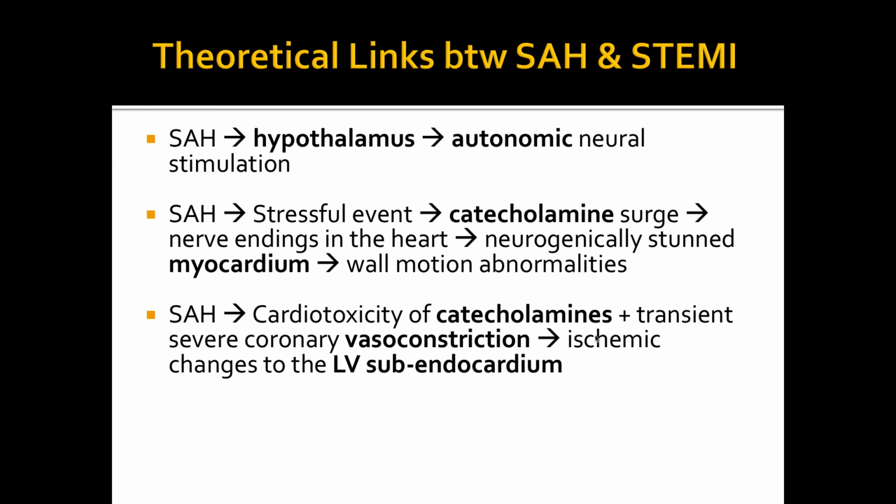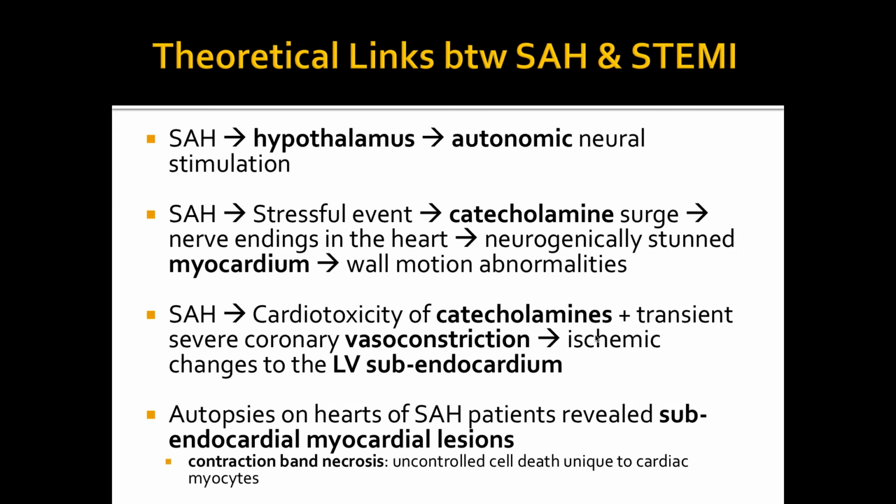There are also ideas it could cause severe coronary vasoconstriction, and this leads to ischemic changes on the subendocardium of the left ventricle. And autopsies of people with subarachnoid hemorrhages have shown these endocardial myocardial lesions, otherwise known as contraction band necrosis. These are uncontrolled cell death that is unique to cardiac myocytes.